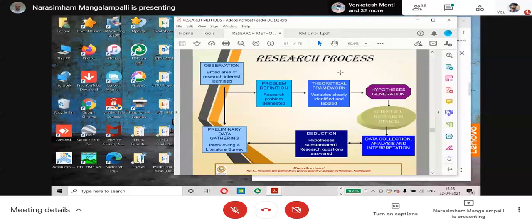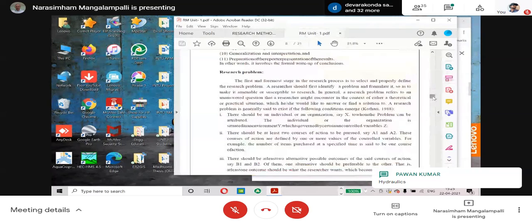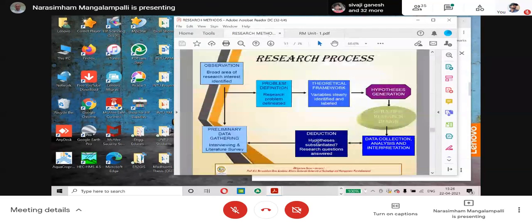So for all these processes, a preliminary data collection and data gathering is also required. So what all I have listed above here, starting from formulation up to the interpretation, are shown here in this form.